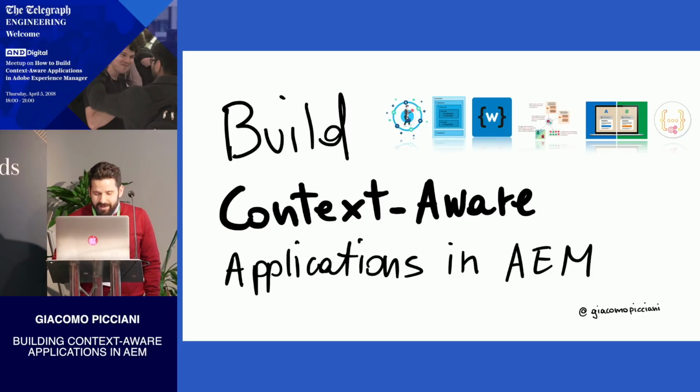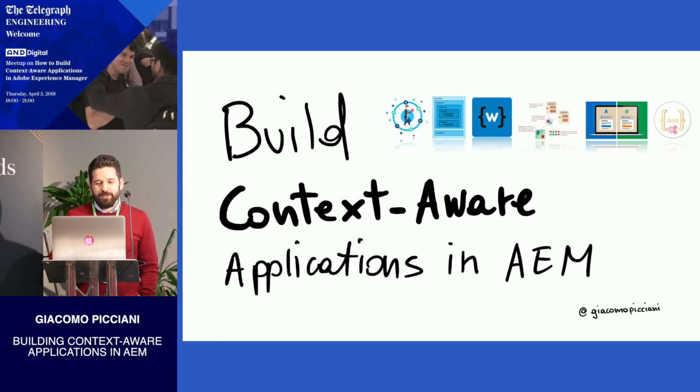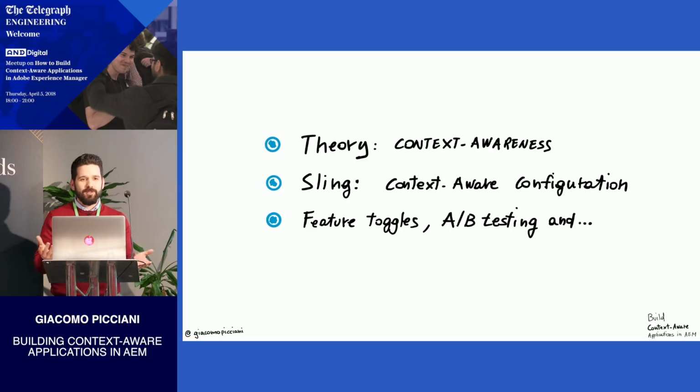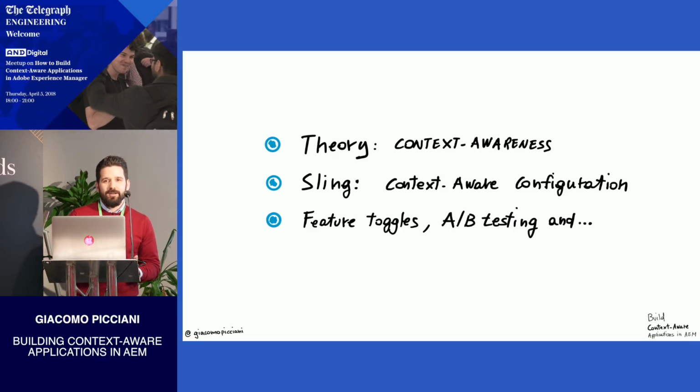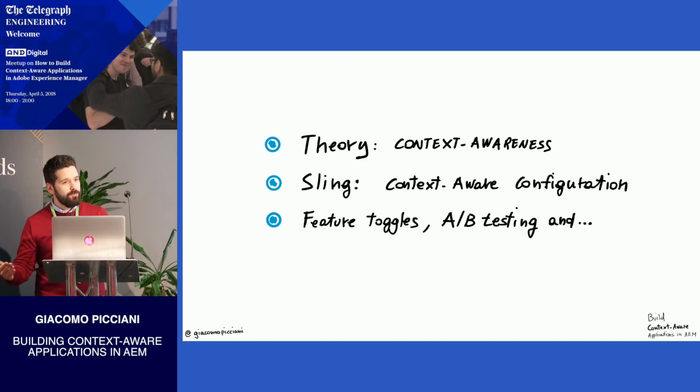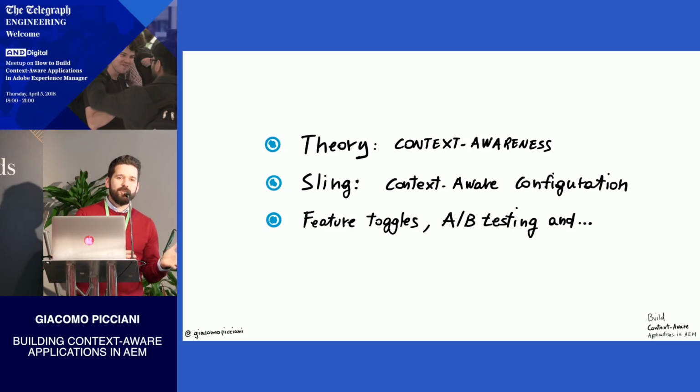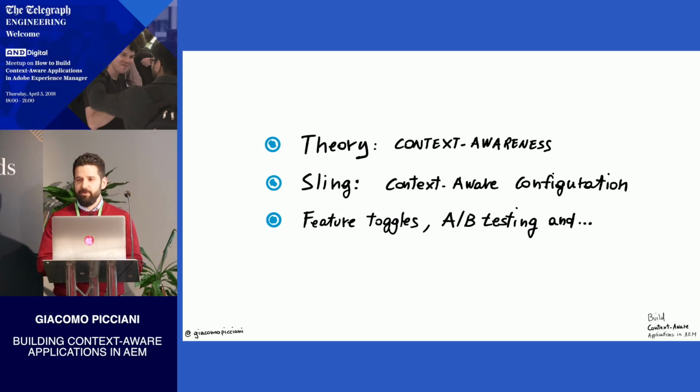Today, I decided to talk about how to build a context-aware application and how to use a new module that has been released in the new version of AEM 6.3 called ContextHub Configuration. I decided to split the presentation into 3 main areas.